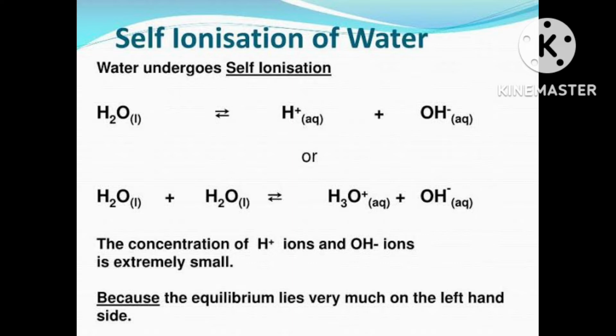Here, what will happen? An important thing I am telling you again: because it is dissociating in water, and water is H2O, this H2O plus the H plus coming from the dissociated acetic acid will form the hydronium ion, H2O plus H plus gives H3O plus.